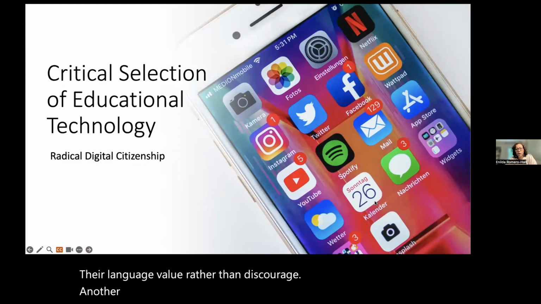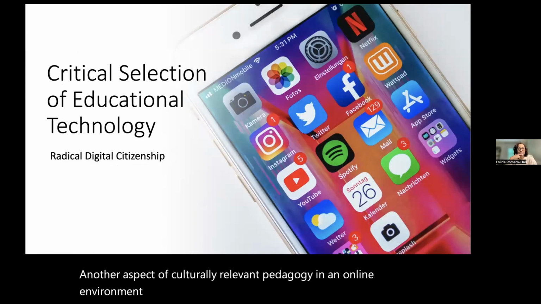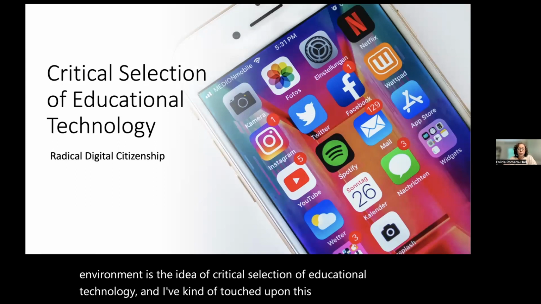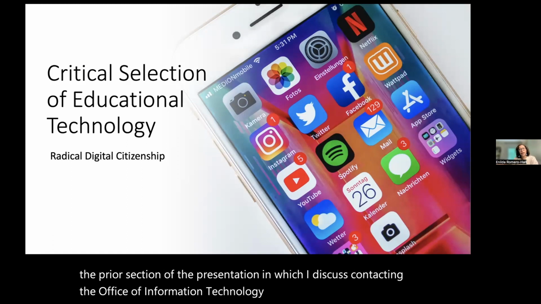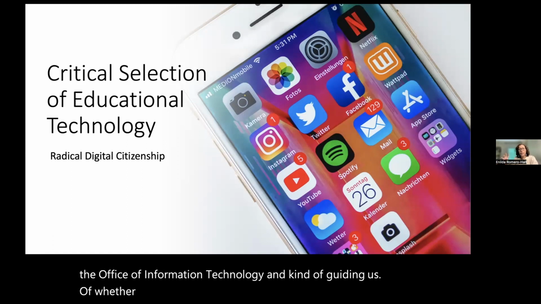Another aspect of culturally relevant pedagogy in an online environment is the idea of critical selection of educational technology. And I've kind of touched upon this topic a little bit in the prior section of the presentation, in which I discussed contacting the Office of Information Technology and gaining a sense of whether a specific technology is going to be inclusive to all.